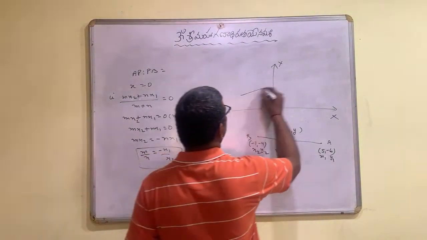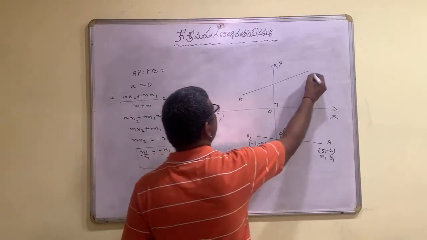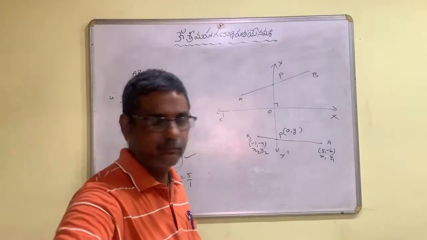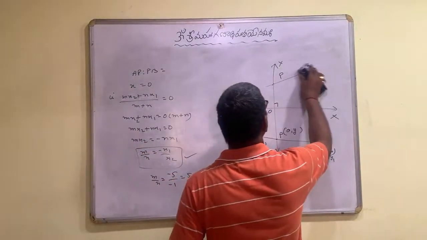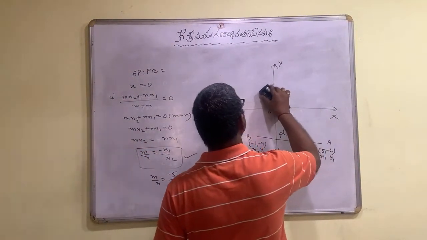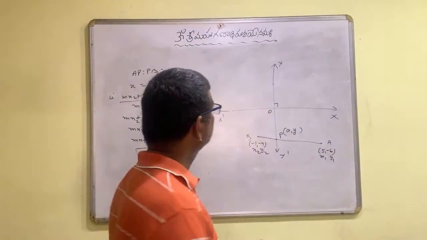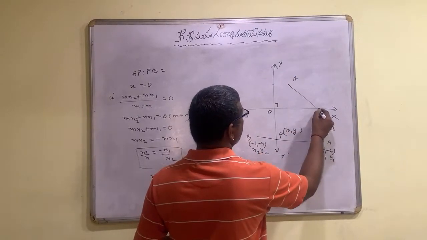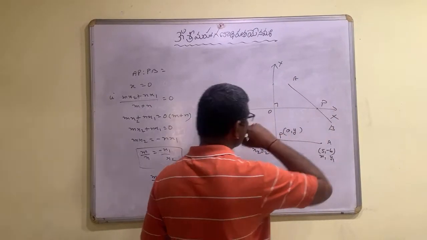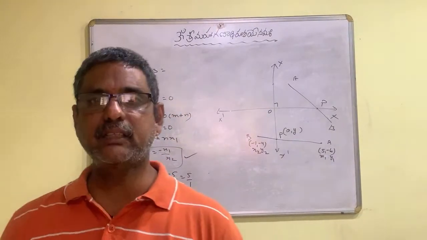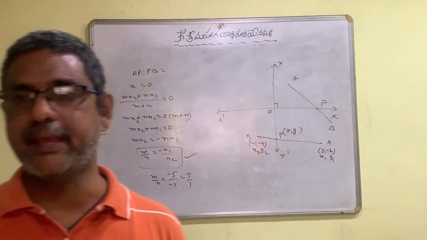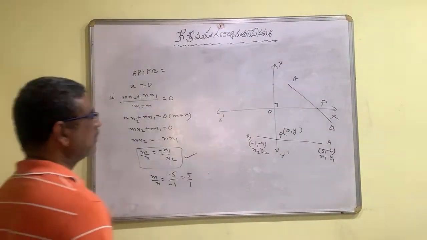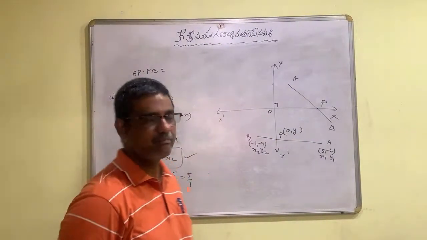Suppose there is a line segment like this, AB, and this is your P. Line segment AB intersects the x-axis at P, and I want to find the ratio in which the x-axis divides AB.